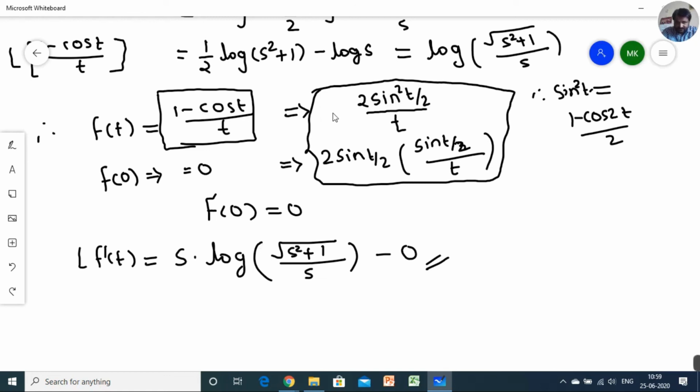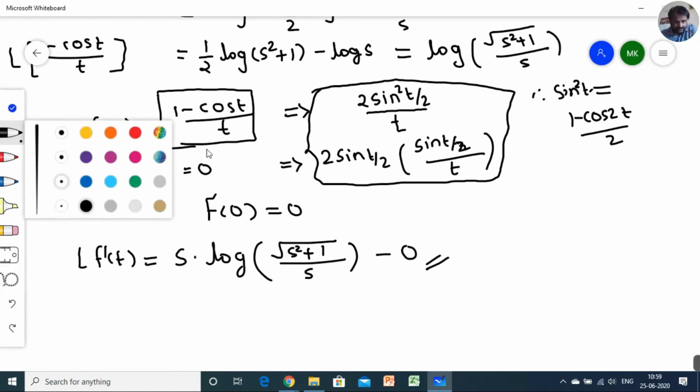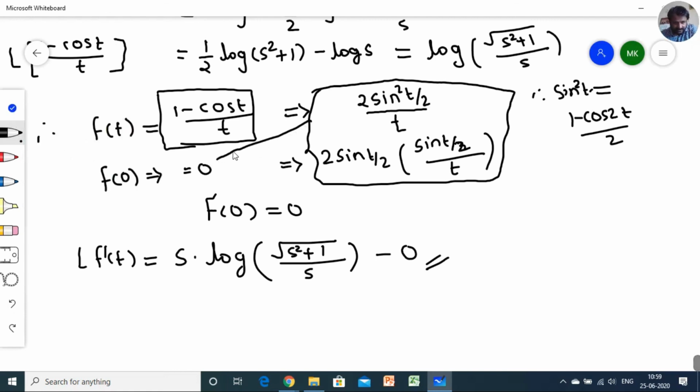That's why I'm telling you, here is 1 minus cos t. I'm just writing it again here. Please remember these things. This 0 comes from this side, not from this part. So you must convert into 1 minus cos t by t into sin square t by 2.